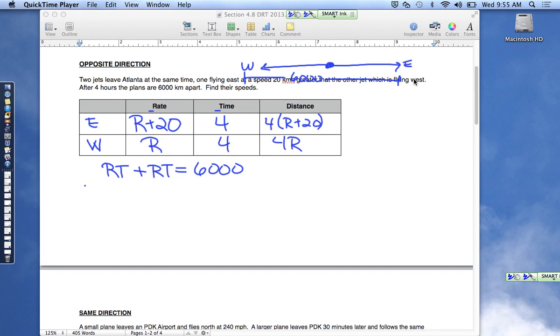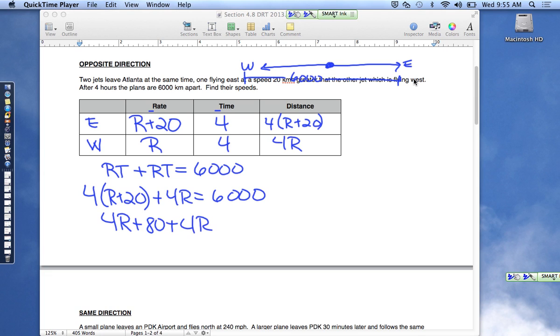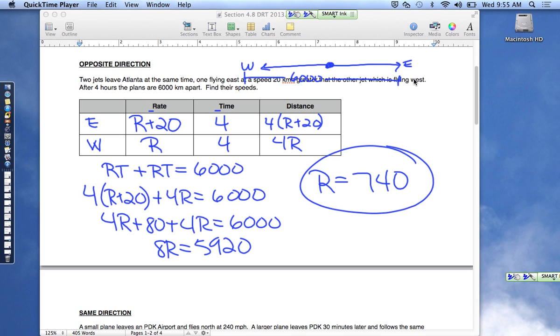Then you slip in your algebra from your last column, slip in your expressions to represent what's going on, and then simply solve this for R. So the rate of the westbound plane is 740 kilometers per hour. The rate of the eastbound plane would be 760 kilometers per hour.